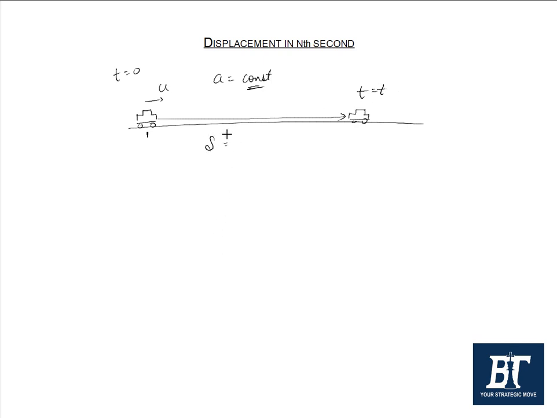The next concept that we have to study is displacement covered by a particle in nth second of its motion. We know that if the initial velocity of a body is u and acceleration of this body is constant, then in time t the displacement covered by this body will be equal to ut plus half at square.